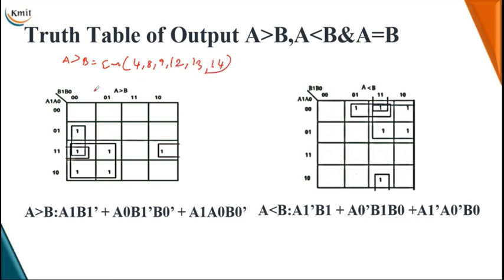These are the minterms we have mapped. Now if I draw that K-map and minimize the expression, we obtain a total of 3 groups.